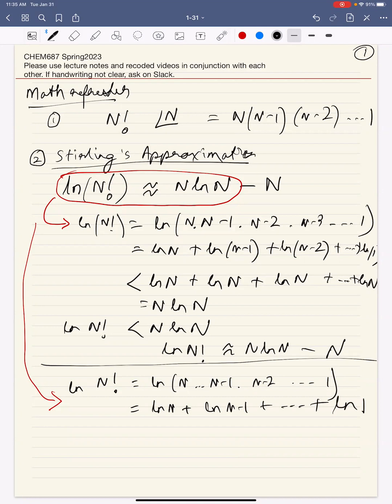So that can be written as the summation over m from 1 to n of ln m, correct? Everyone happy with this? So notice what I did over here. I have replaced the ln of a product over m going from 1 to n with a sum of logs.